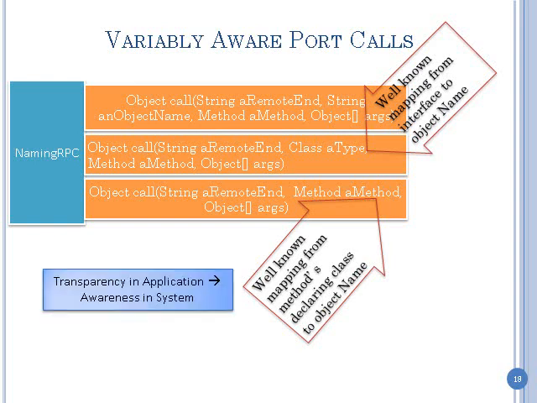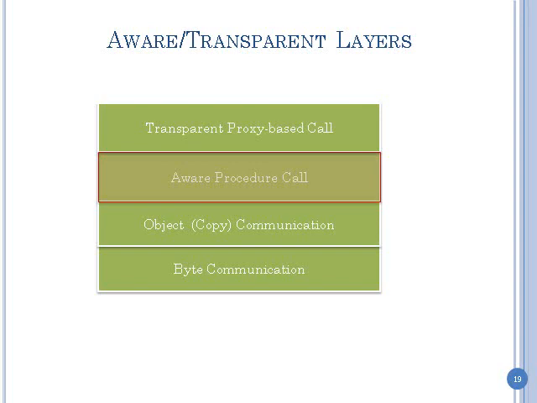So transparency in the application means awareness in the system, and this is where we see very concretely that a transparent call to a proxy gets converted into an aware call to a system object, which is my RPC. Again, to make this clear: we have the proxy, we have the object communication, and in here is the RPC port, which is really providing the aware call.